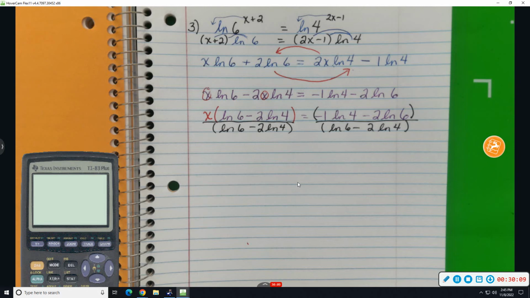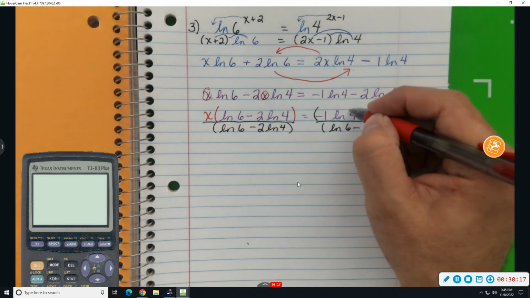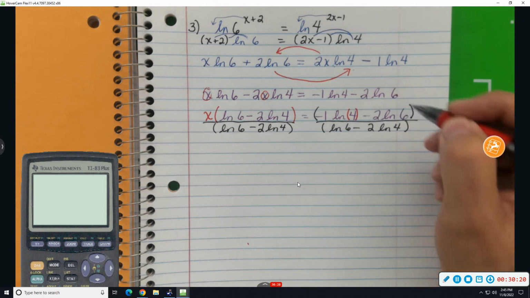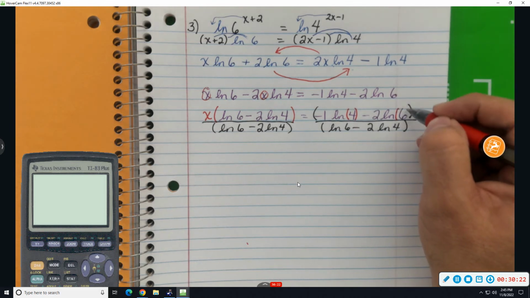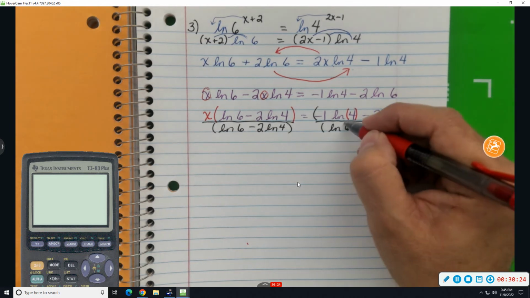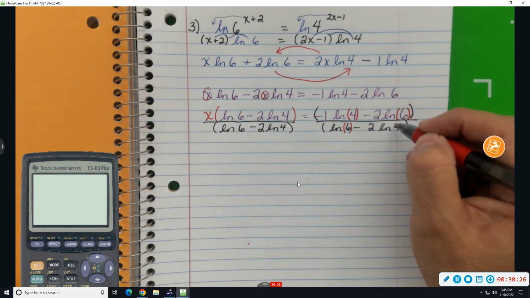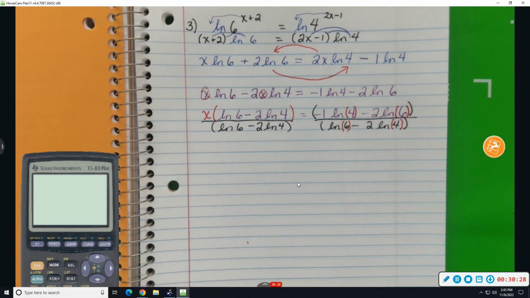Now, on my calculator, am I going to have to put in more parentheses? Yeah. Every time there's an ln, the number after it, I have to have parentheses. If you miss one of these parentheses, you'll probably get the wrong answer.